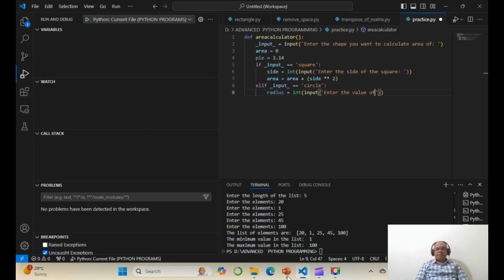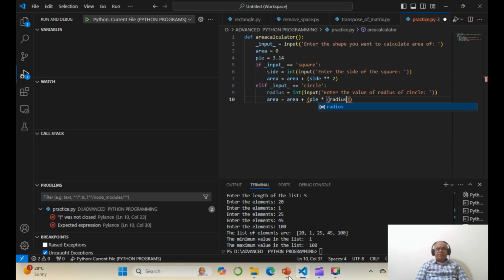Then area equals area plus pi star radius double star 2.